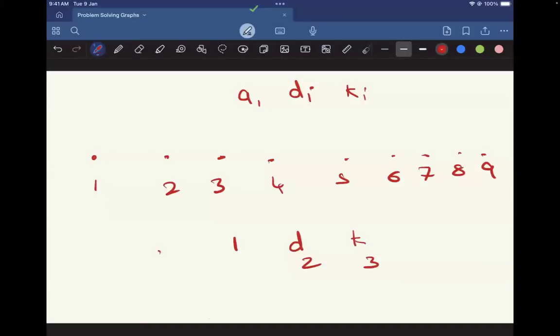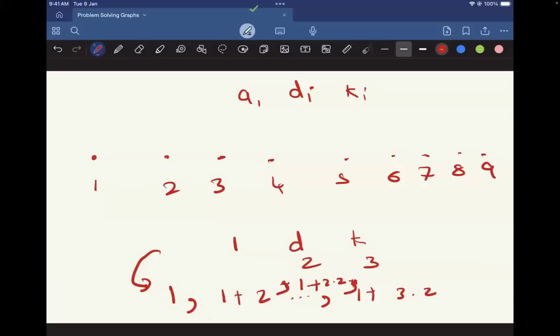This means that you have the sequence 1, 1 plus 2, and so on and so forth, up till 1 plus 3 times 2. Yes? Is this much clear? We have this sequence of 4 numbers.